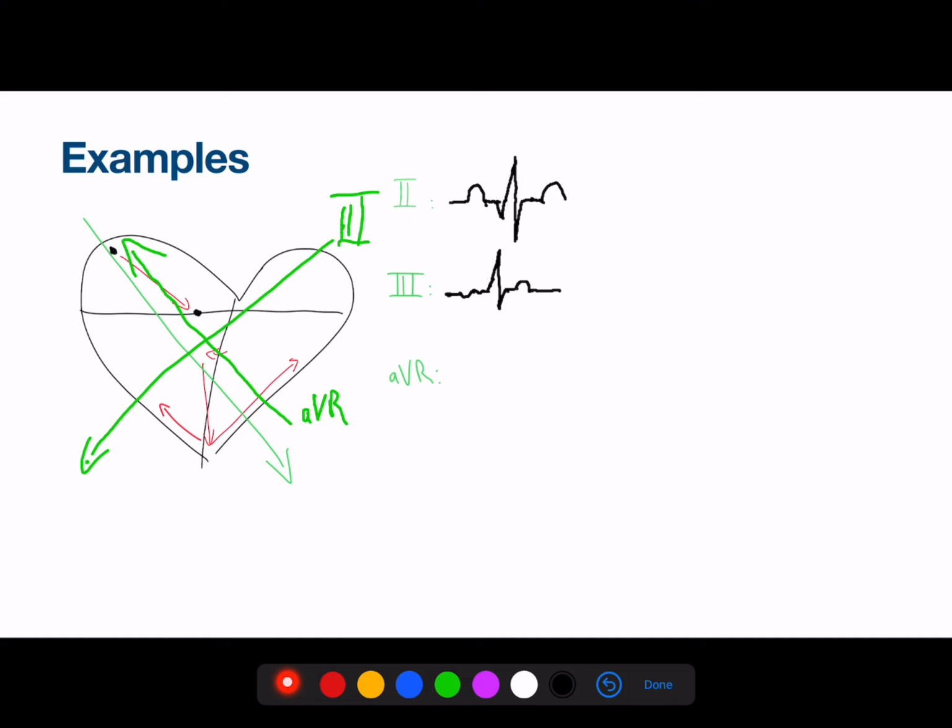So again, isoelectric line, we have the atrium depolarization, which is negative, of course. Then AV delay, we have the septum depolarization, the ventricle depolarization, and the repolarization.